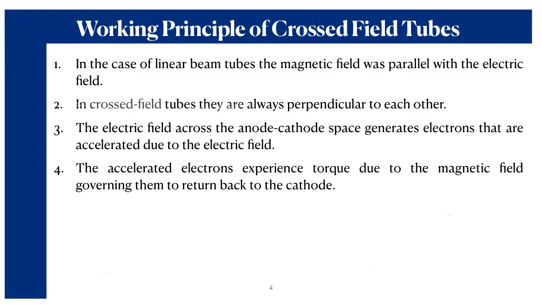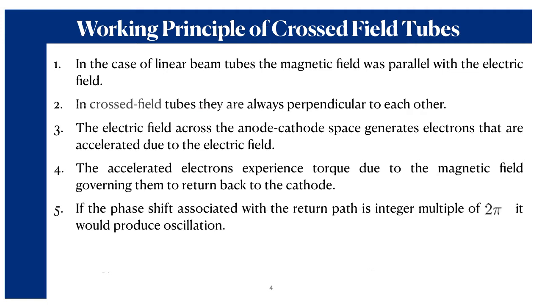However, based on these basic principles of the cycloidal motion, the magnetron oscillators and magnetron amplifiers are designed, but when it will be an amplifier and when it will be an oscillator, that depends. Basically, as we know, in order to design an oscillator we should provide a feedback which takes a path of integer multiple of 2 pi.